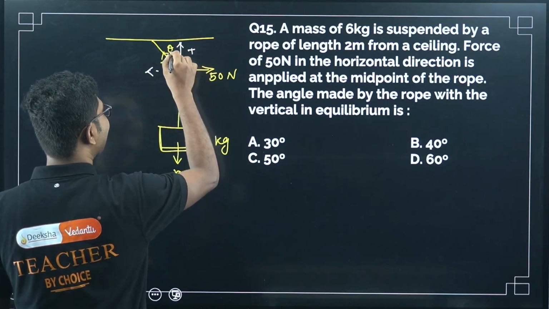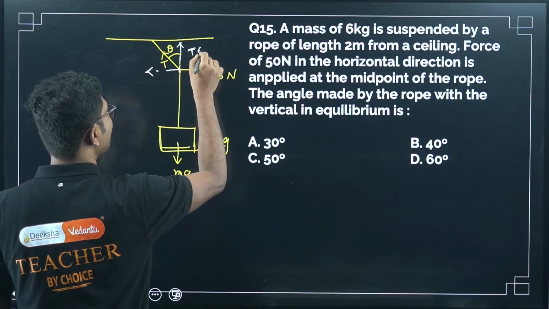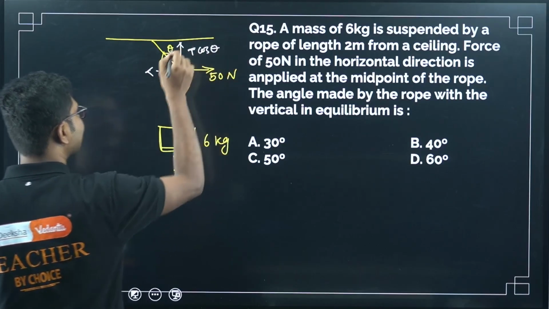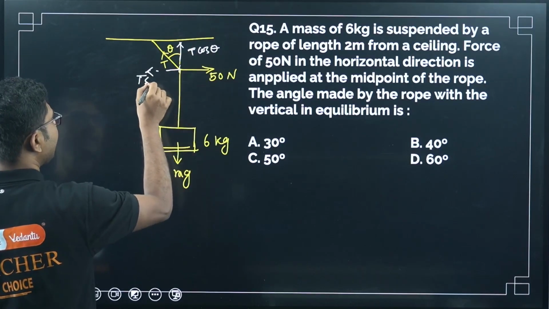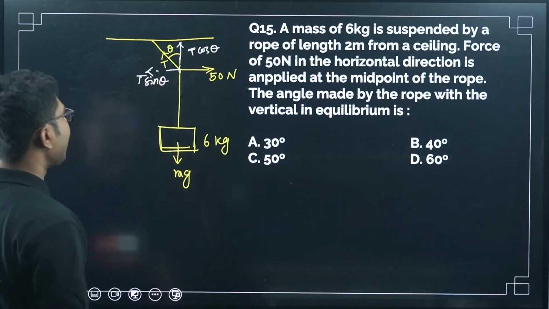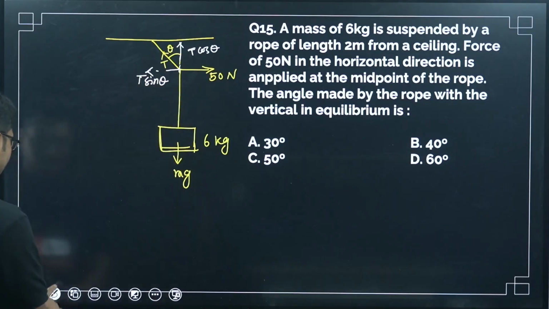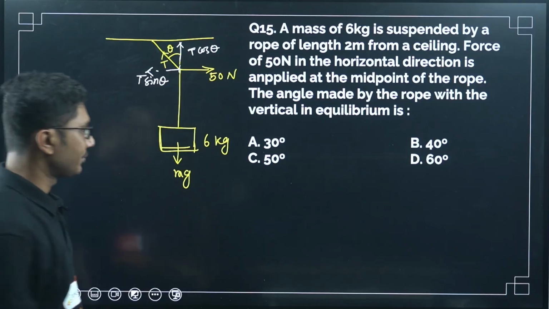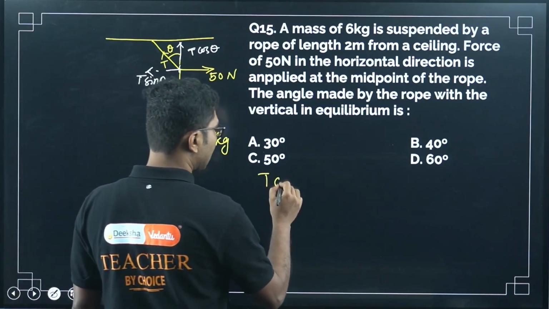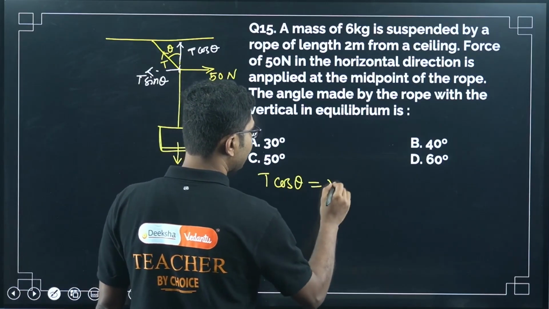This angle is theta, so this will be T cos theta, the adjacent component, and this will be T sin theta. Now, T cos theta will balance this mg force. So T cos theta equals mg.